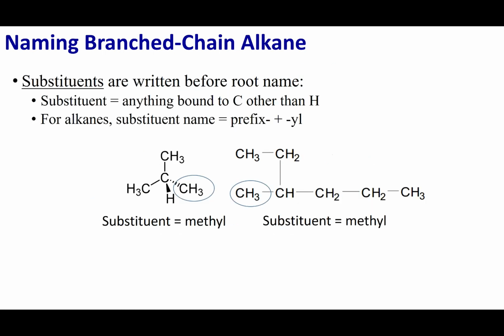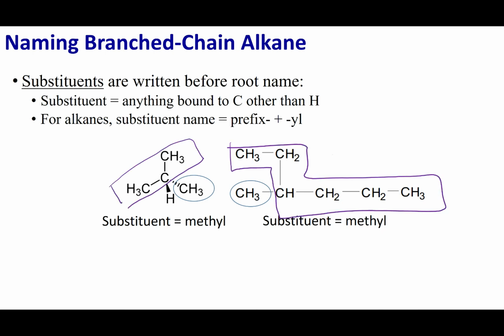Now, once you've identified the longest chain, you're going to look for branch points. Remember, these branching portions are what we call substituents. So the first thing we have to do is name our substituents. Most of the substituents I'm going to give you are alkyl groups, meaning the branch is only going to be made out of carbons and hydrogens. To name the substituent, you count the number of carbons and use those same prefixes for carbon counts.